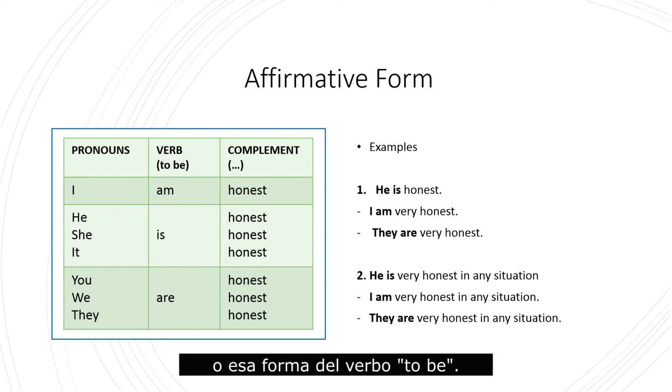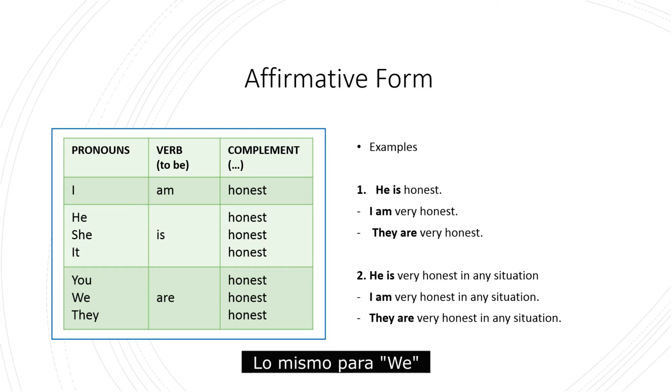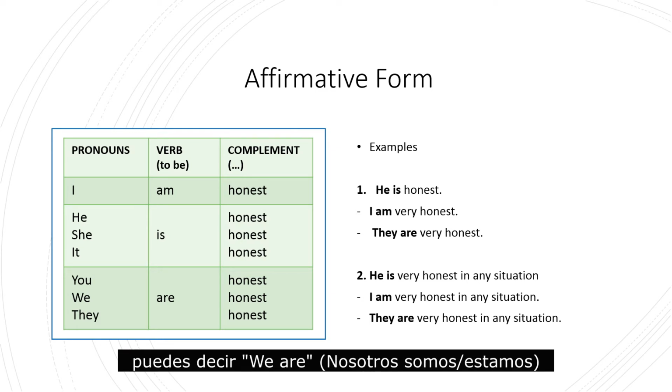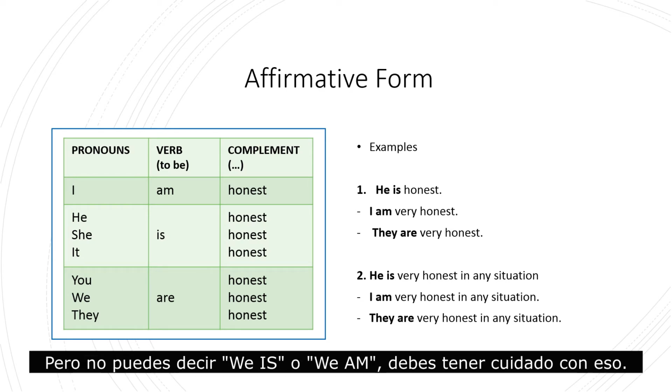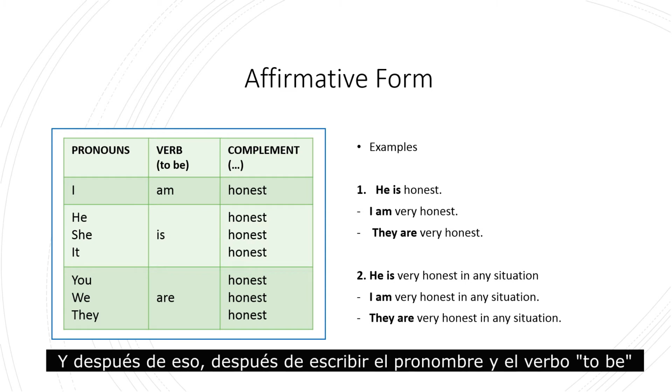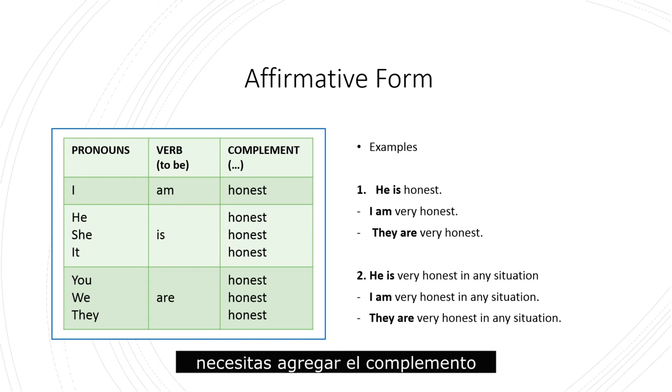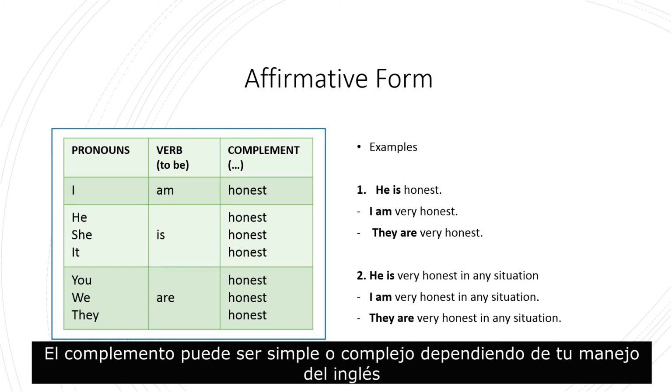So we need to start with you are. The same with we. You can say we are, but you cannot say we is or we am, okay? You need to be careful with that. And after writing the pronoun and verb to be, you need to add the complement, okay? A complement can be simple or complex based on your understanding of English, okay?